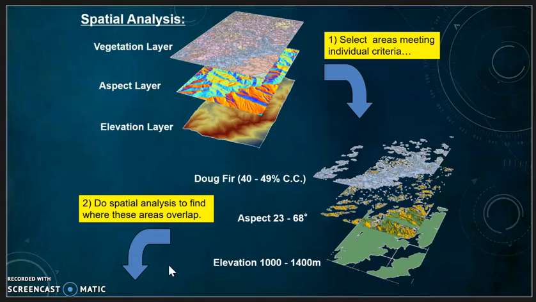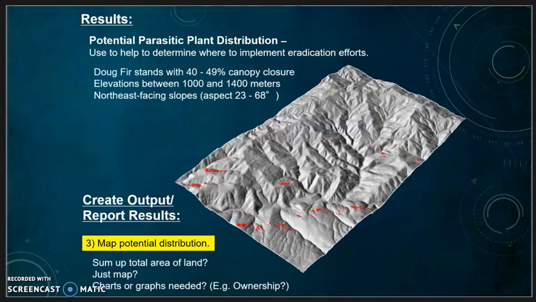And so I've done my spatial analysis to find where these areas overlap. And I'm going to put them all together to create a nice representation here of potential parasitic plant distribution, which can then be used to help determine where to implement eradication efforts.